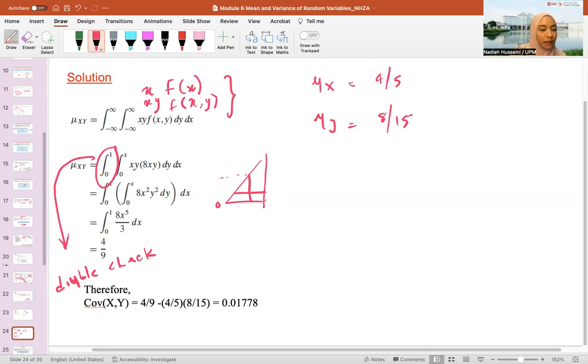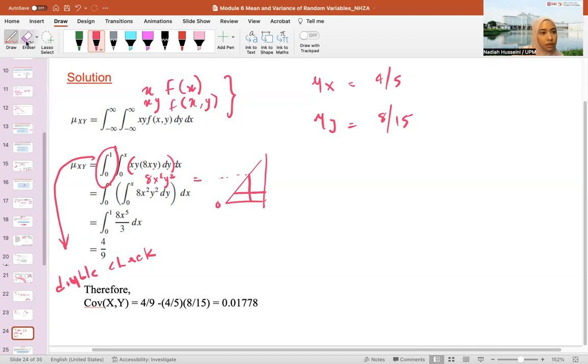But if we were to apply this equation, xy times 8xy, you would see that you have to solve it one by one. So first you solve with respect to y. So you would get 8x squared y squared, if I were to expand this first, and integrate with respect to y, I would get 8x squared y cubed over 3.